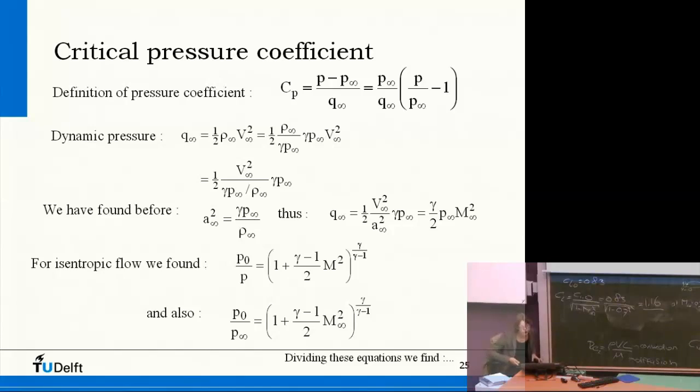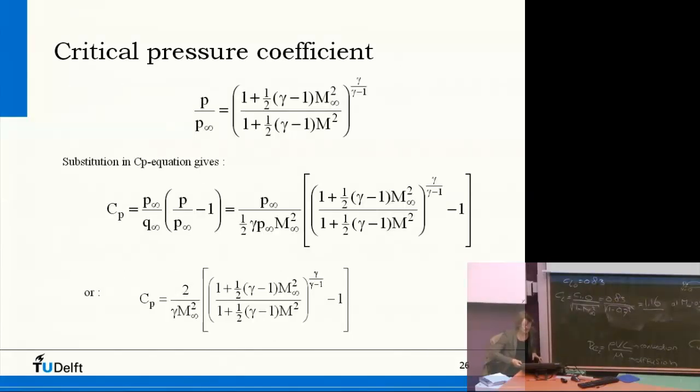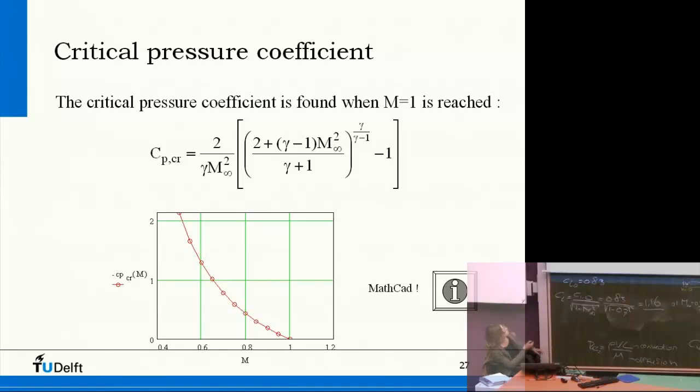Now, what we're working towards is a definition of the critical pressure coefficient. So let's start at the end. The critical pressure coefficient is the pressure coefficient for the point at which you reach Mach 1 for the first time. It would be nice to have an expression of this as a function of the Mach number. And here it is. Here is our critical pressure coefficient, minus Cp, as a function of the Mach number.